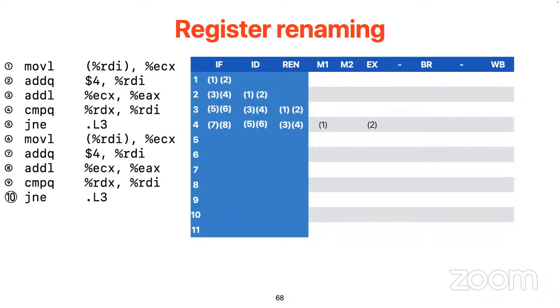So for example, I have a superscalar processor with a fetch unit, decode unit, renaming unit, and it takes 2 stages to finish a memory operation, and 1 stage for execution. But remember, because we want to avoid the structural hazard at the write back stage, we force execution and branch instructions to stay for the same number of stages as memory instructions. So that's why I put these 2 dash stages here.